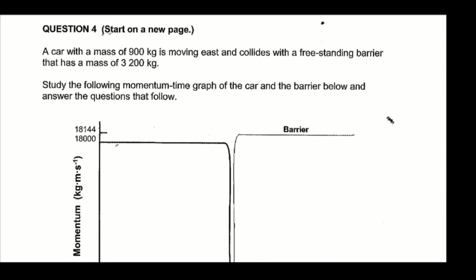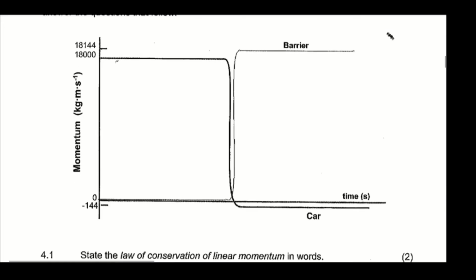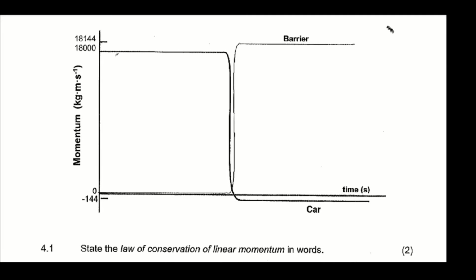So what we have here is a diagram that shows the collision between the car and the barrier. So this is the starting point, where this would be the car.